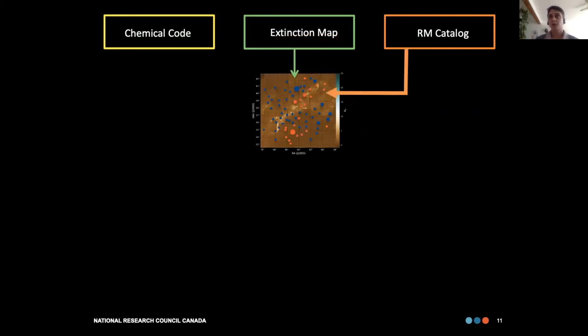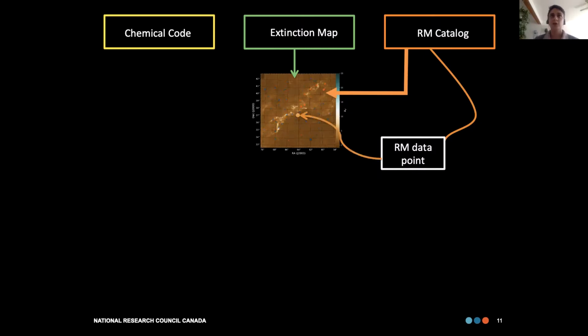If I plot the rotation measure data, it looks something like this. I use blue to show positive rotation measure, and red to show negative rotation measure. For simplicity, let's assume we have one rotation measure data point. Let's just follow one rotation measure data point.